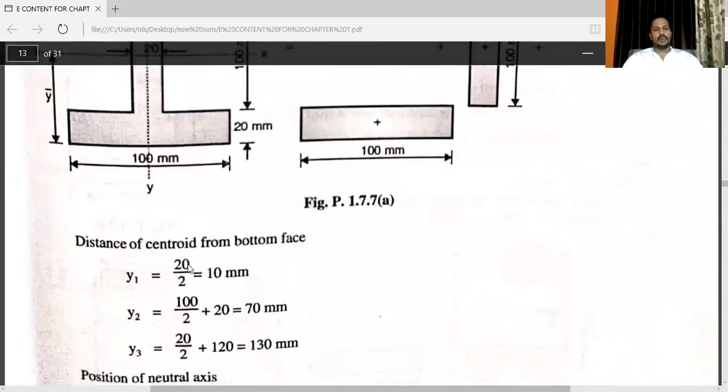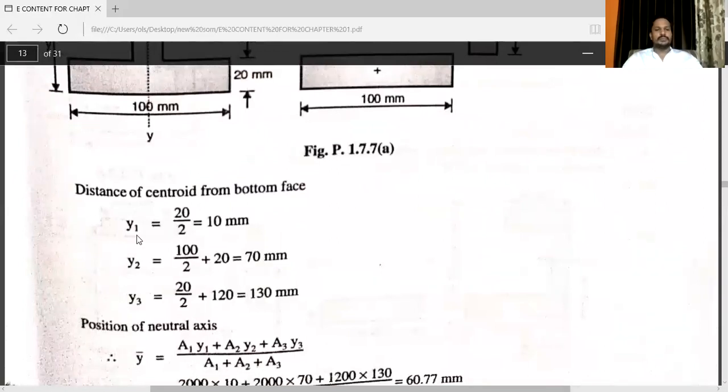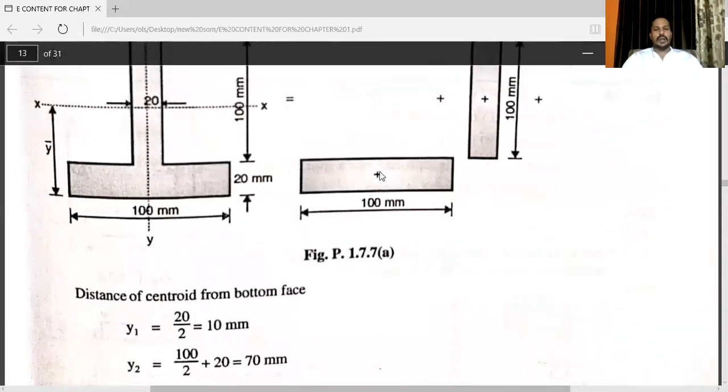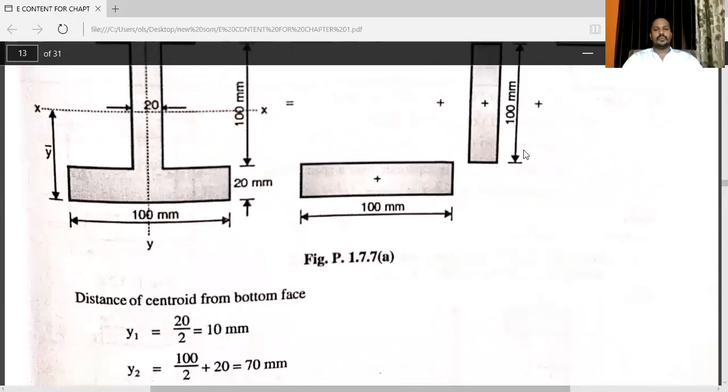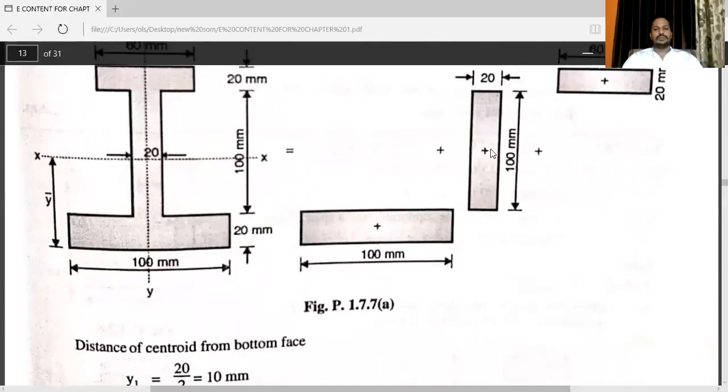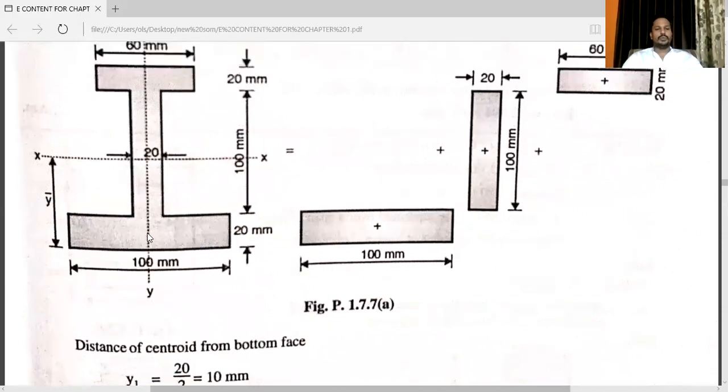We know how to calculate y bar. To calculate y bar, y1, y2, and y3, meaning the distances from the baseline to the first, second, and third centroid points, are very important.